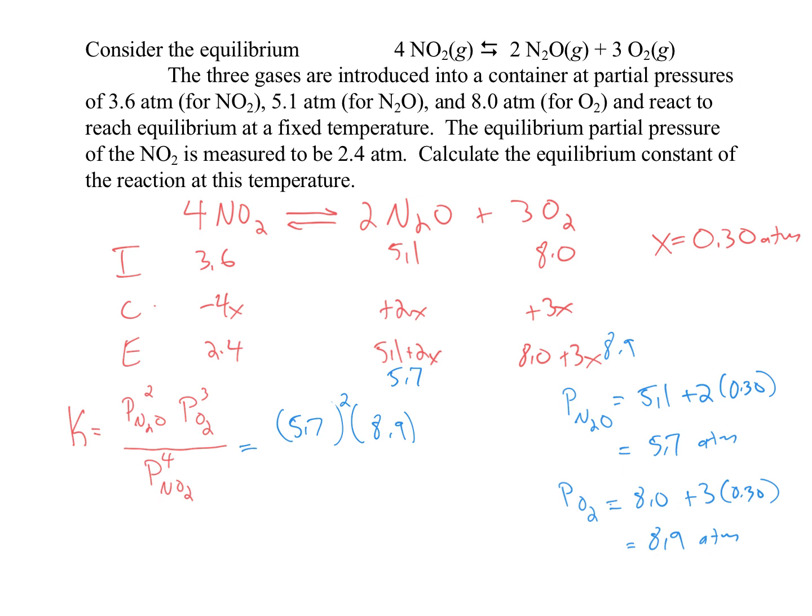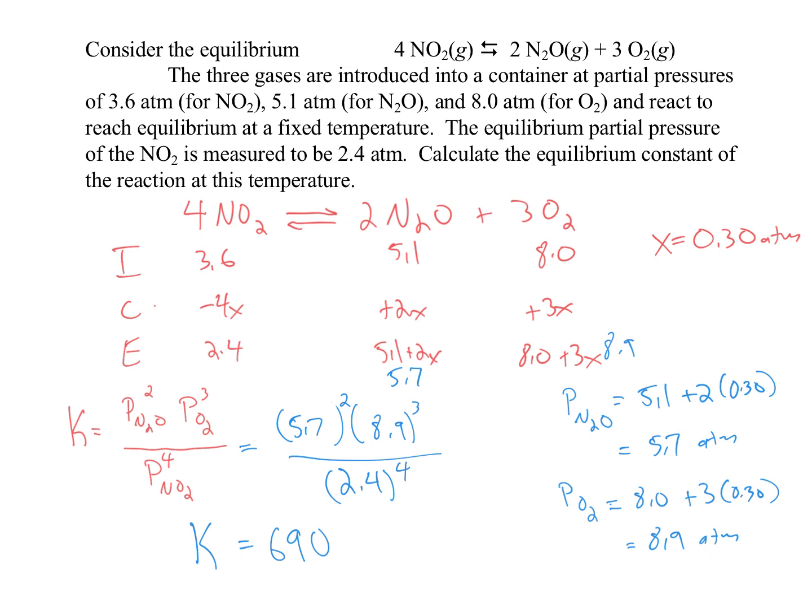So let's go squared, cubed, and then divided by 2.4. Let's write that a little bit neater. 2.4 to the fourth. And so when I plug that into my calculator and evaluate it, I get the equilibrium constant is 690.